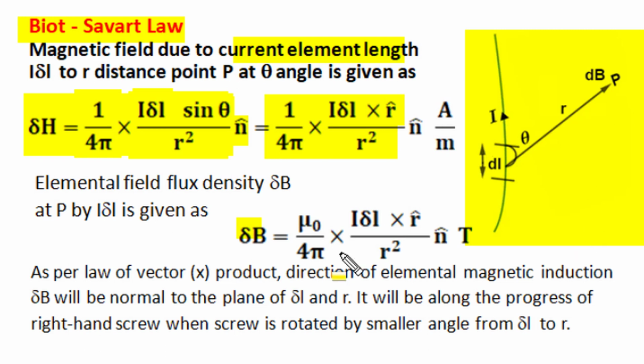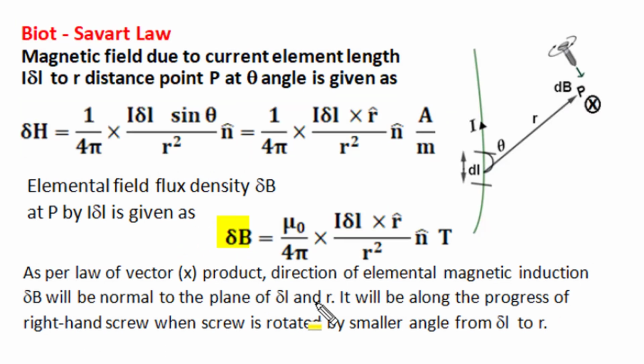If this medium is air, then the permeability of air or vacuum is mu naught, and the elemental magnetic flux contribution from a current elemental length at an r distance position is given by this relation. dB equals mu 0 upon 4 pi, cross product of current element length and unit position vector, which connects the source current element to the test position where we have to find the magnetic field contribution, divided by the square of the distance between current element and test position. If current is in ampere and distances are in meter, then magnetic flux density is in Tesla.